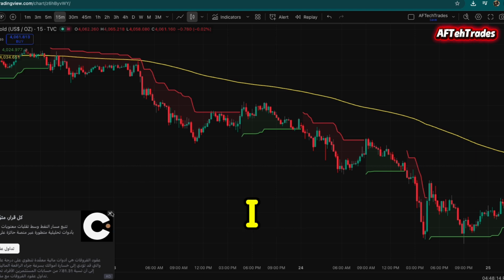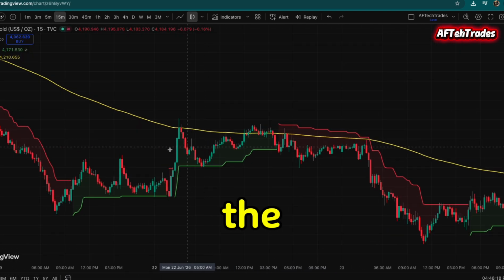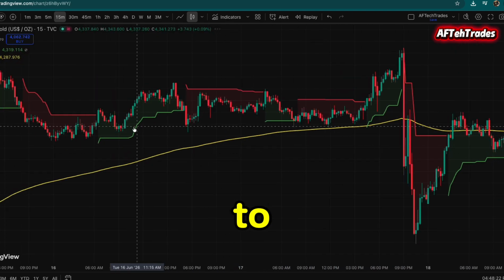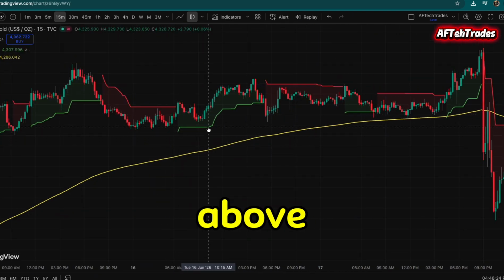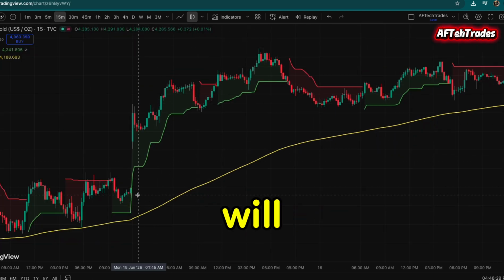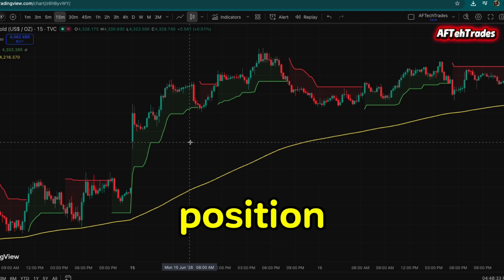That's when I take only short positions on a 15-minute time frame. On the buy side, I only look for the super trend to be above the 200 EMA and it's showing green. Then I'll gladly take a long position there.